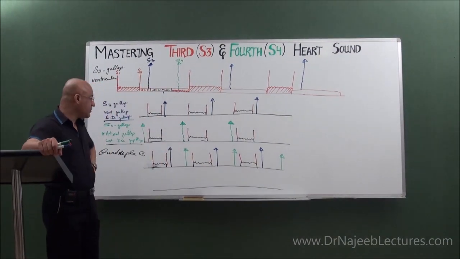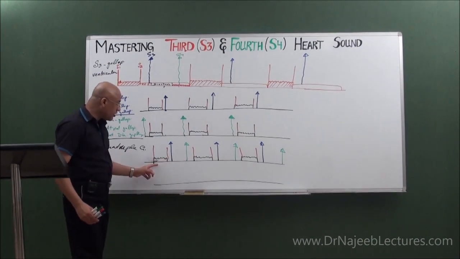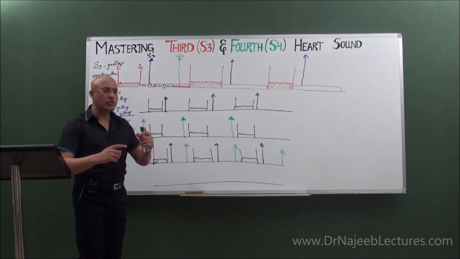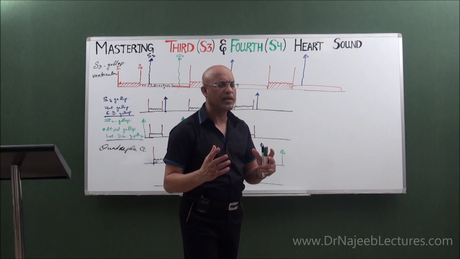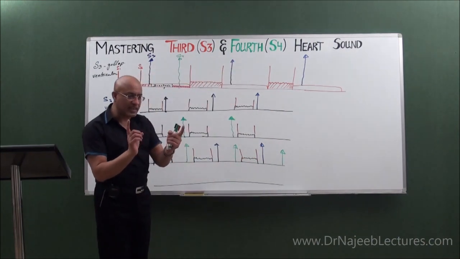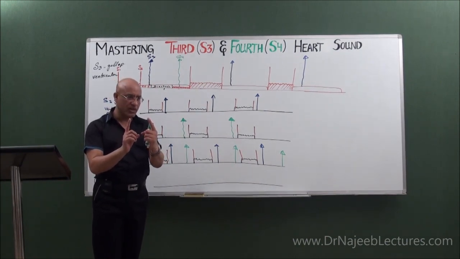And if there is a very unfortunate situation and it happens in these patients that, on top of this quadruple gallop, the patient goes into tachycardia, especially ventricular rate becoming more than 120 beats per minute. When tachycardia is there, total cardiac cycle duration is reduced.